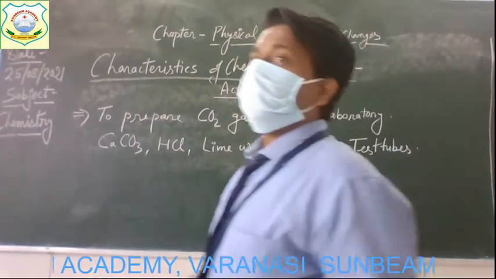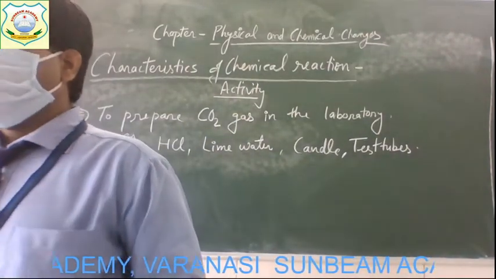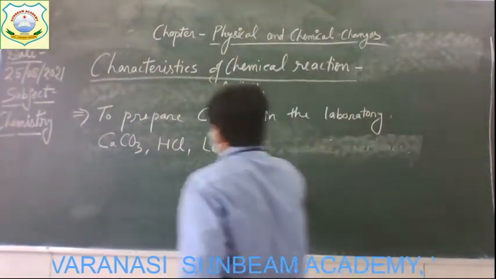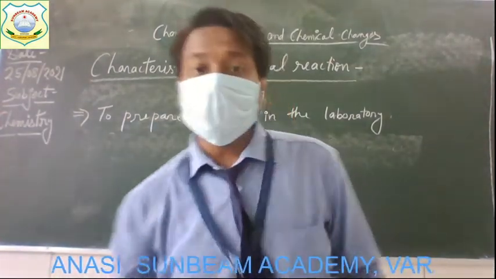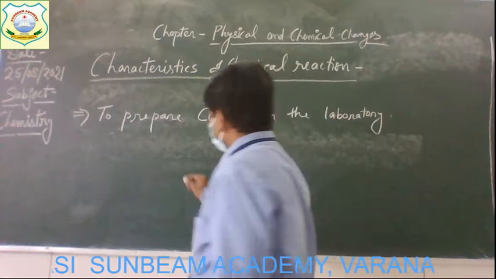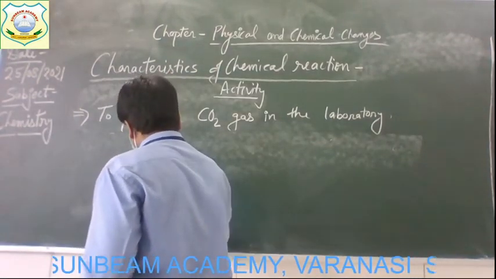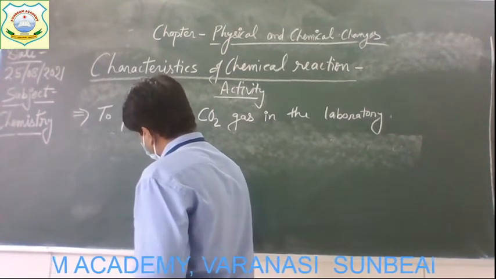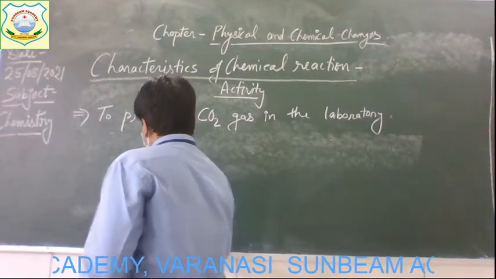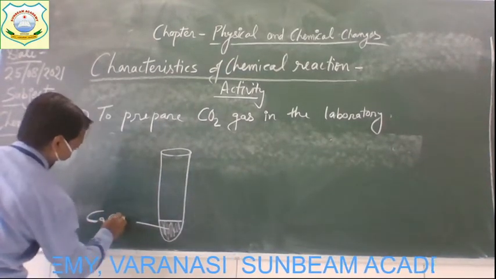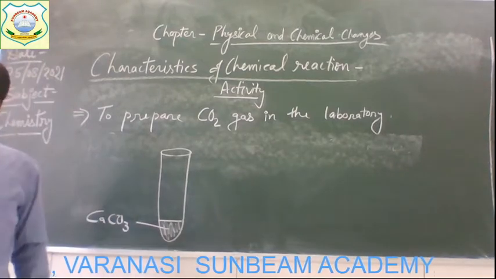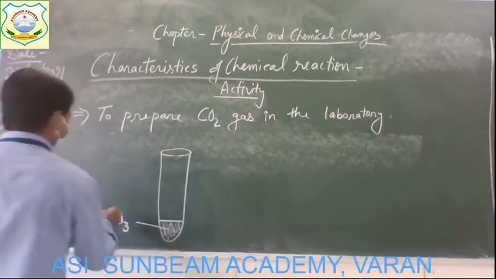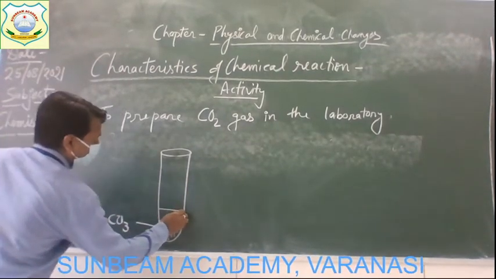Now, the procedure, how we can complete this activity. I am going to explain it with the help of the diagram. In a test tube, we will take a little calcium carbonate and we will add hydrochloric acid also.